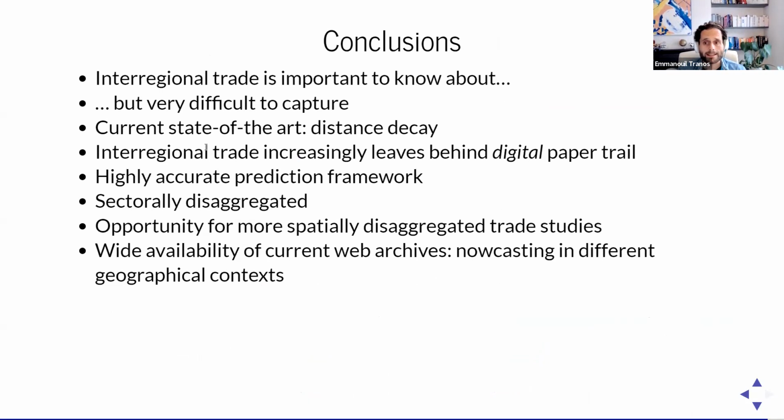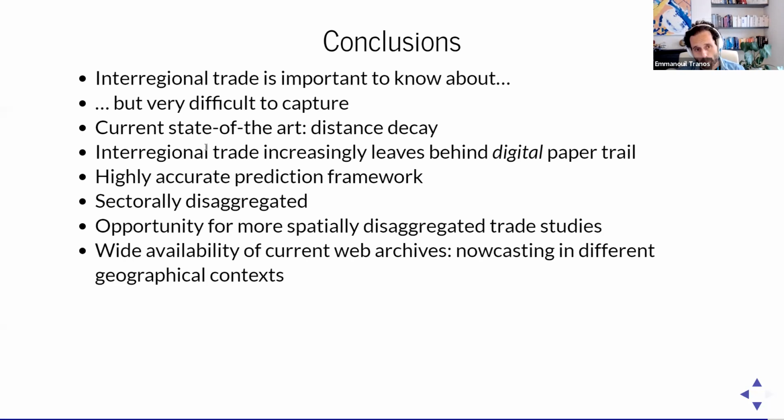So to finalize, we think that we are able to predict interregional trade, which is very difficult to capture in general, by utilizing current standard machine learning algorithms, and most importantly open data from the web. Within our research framework, we achieve high accuracy prediction of interregional trade.